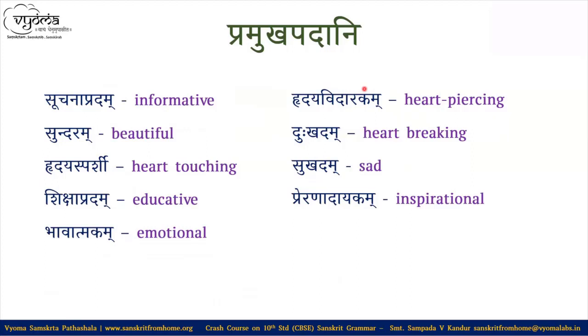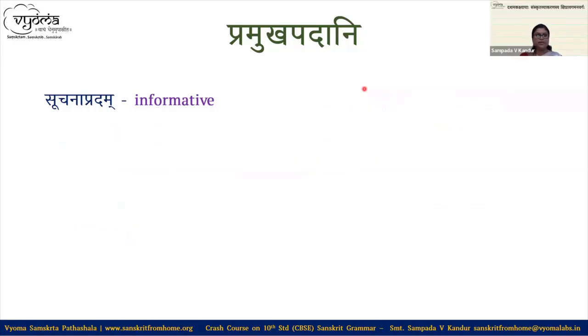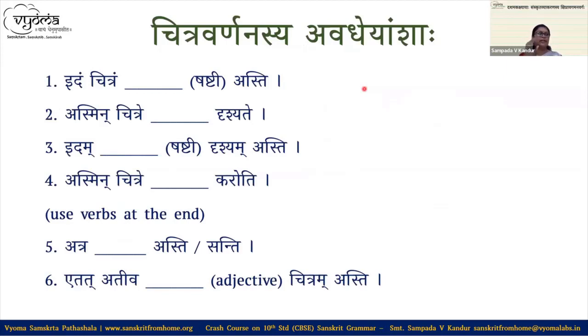No, ma'am, because sometimes they may show pollution or something like that. So if it is a pollution kind of thing, what adjective will we use from here? This, dukkhadam. Right? So can this sentence be used for any type of picture? Etat ativa dash chitram asti. Can we use it?